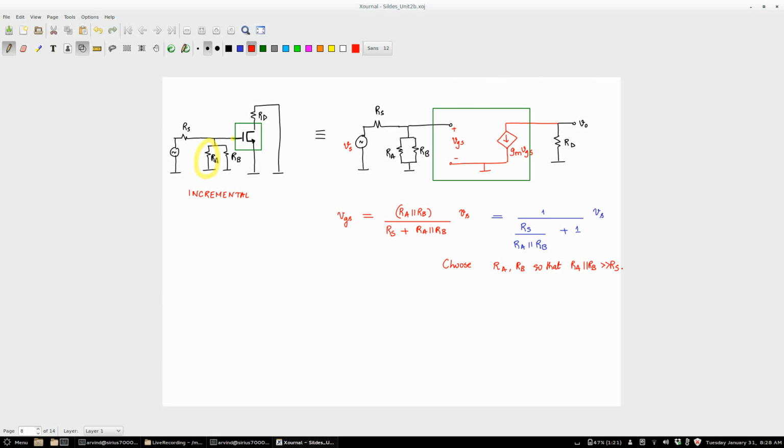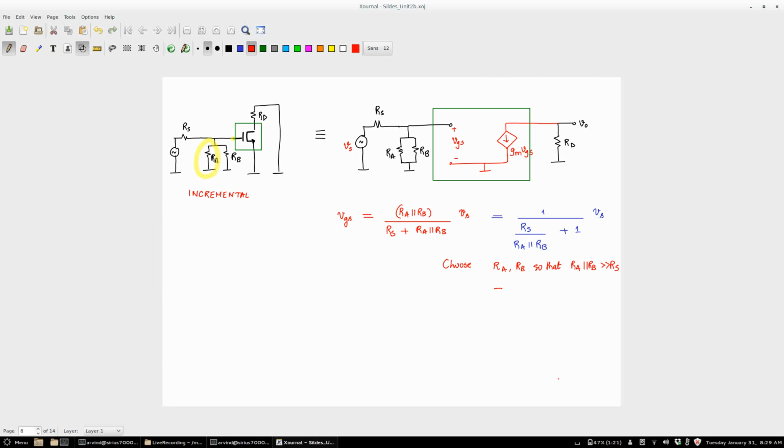When will it be approximately equal? How should you design your RA and RB? You design them so that your RA parallel RB is much greater than RS.